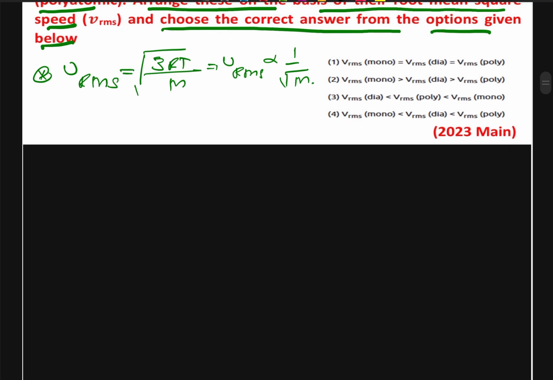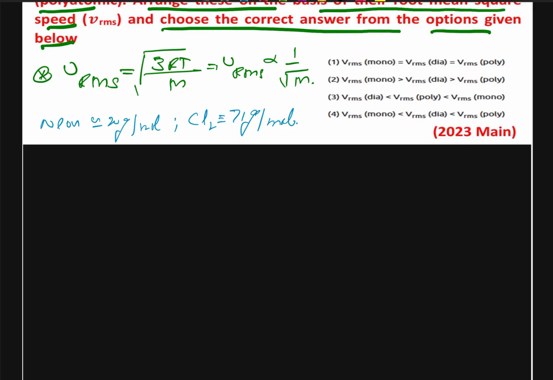Let us write the molar mass of all the contents. First one is neon. Neon's molar mass is approximately 20 grams per mole. And we have chlorine, which has a molar mass of close to 71 grams per mole.